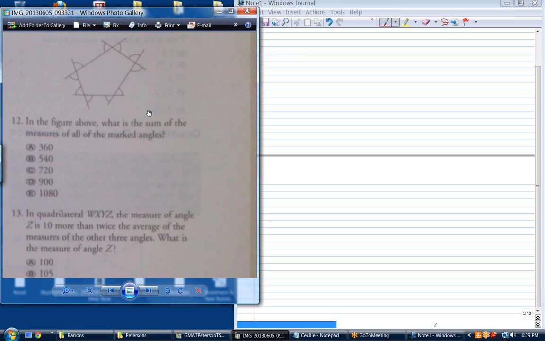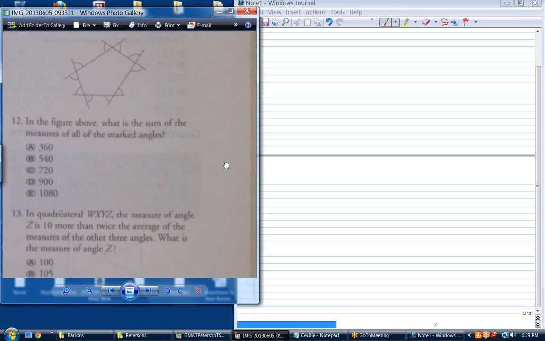Okay. All right. How about this geometry problem here? What is the sum of the measures of all of the marked angles? So that one, that one, that one, and so on. Any idea where we want to start?